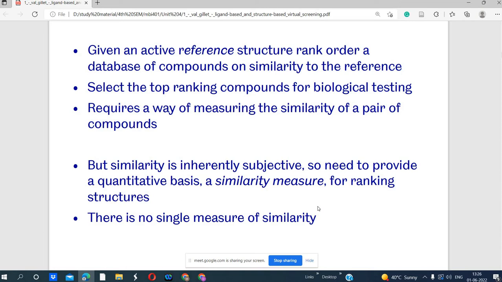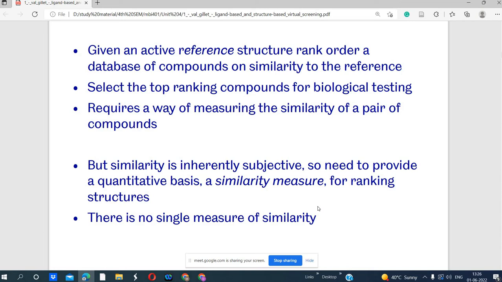So we can search for similar structures using the reference. If we already have the active structure as the reference, then we can rank the unknown compounds if we perform the similarity search. If a compound shows similarity to the reference structure, that means the new unknown compound will also be active.